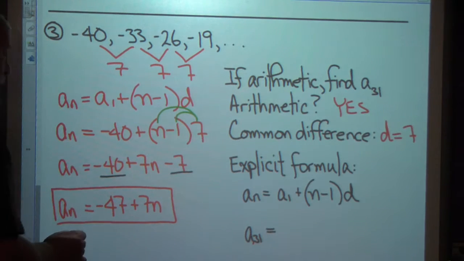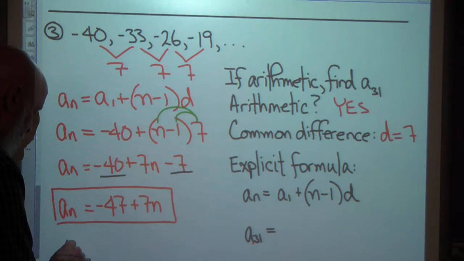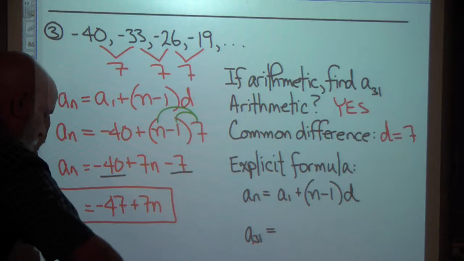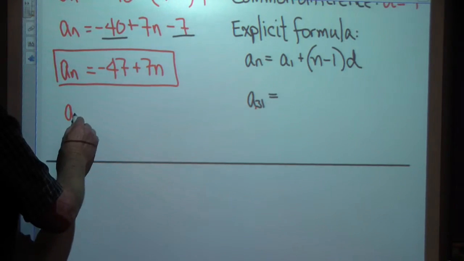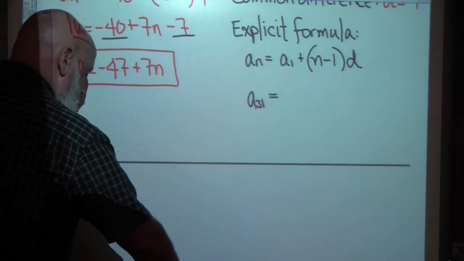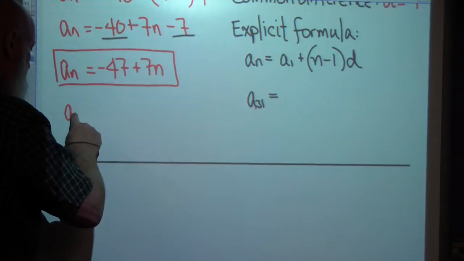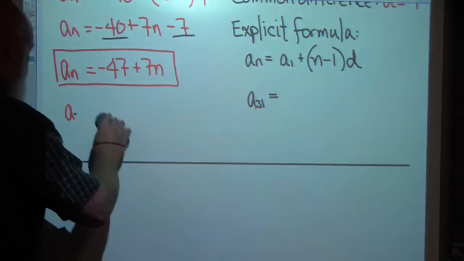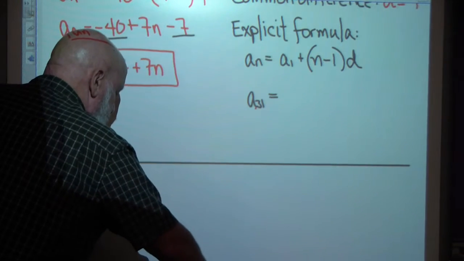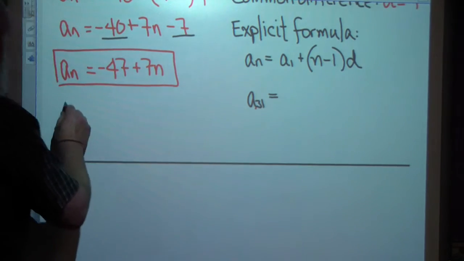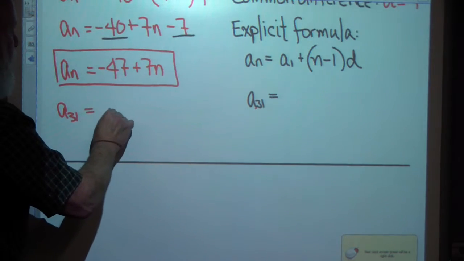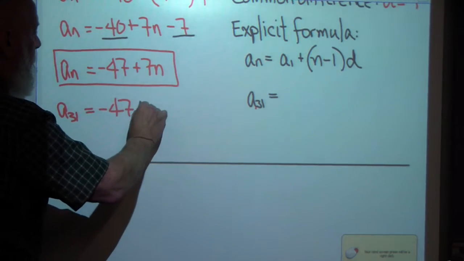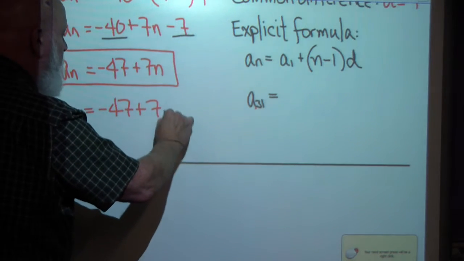And now I want to find the 31st term. So the 31st term, let me scroll this down a little bit. There we go. Looking for the 31st term, hopefully I won't make a mistake. Negative 47 plus 7 times 31.